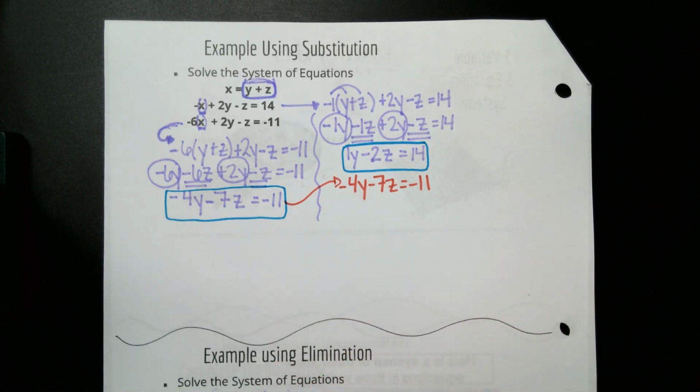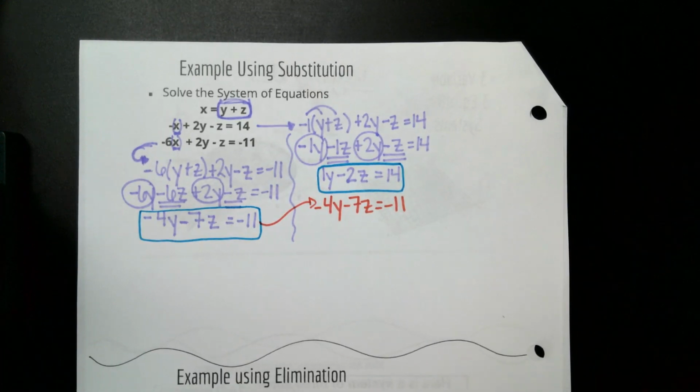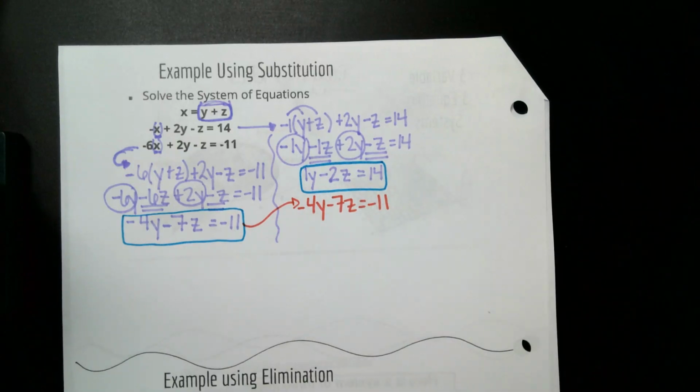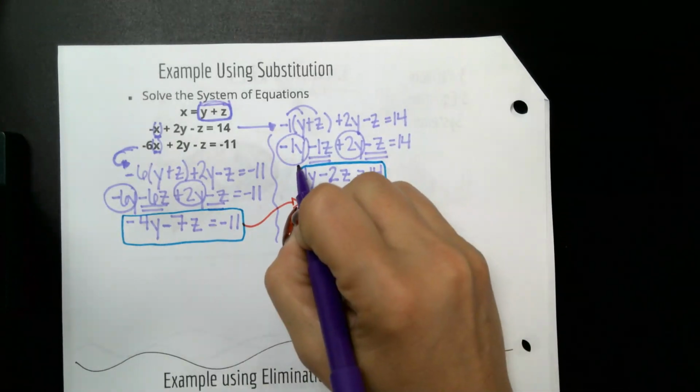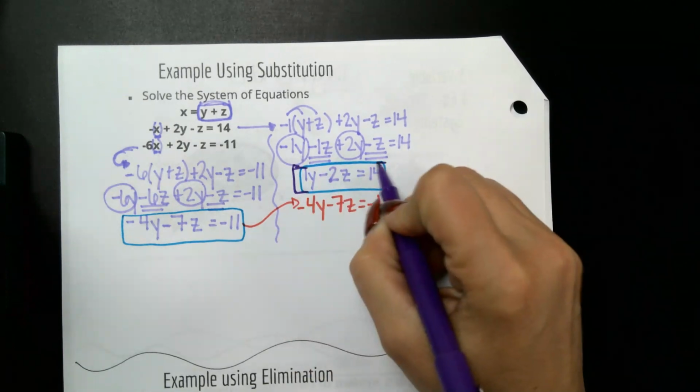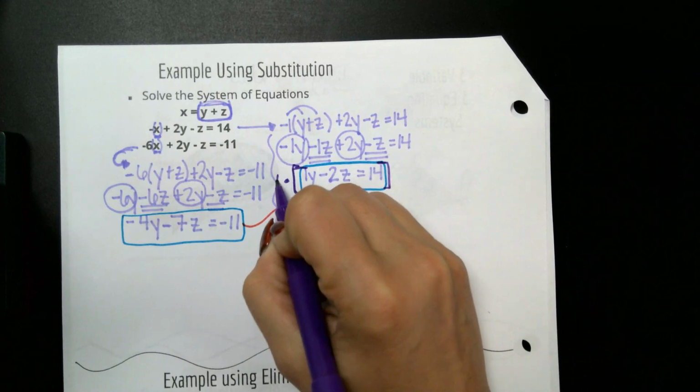What could we multiply the top equation by to cancel out something with the bottom equation? Not a -4. +4. Yeah, so look, we could multiply this entire top equation by 4.